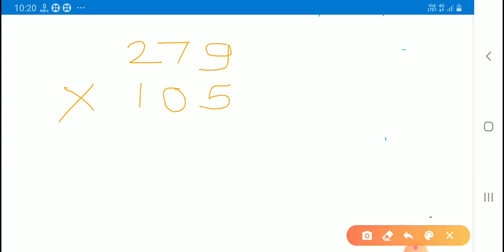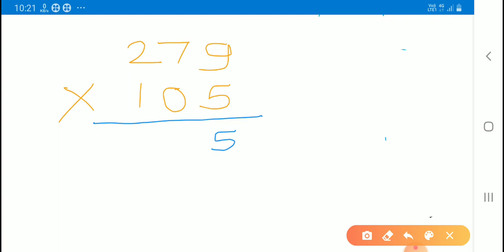Now how to solve it? Look here. First we will multiply this number by the unit place number of 105, that is 5. 5 nines are 45, correct? 4 carried. 5 sevens are 35, or 7 fives, anything you can do because here multiplication is there.